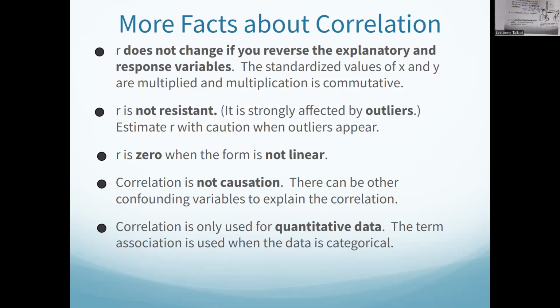But murders do not cause more ice cream sales. There is a confounding variable causing both of those things, and that's the temperature outside. As the temperature increases, murder increases, and as the temperature increases, ice cream sales increase. Just because those two things make a really pretty line in a scatter plot doesn't mean they cause each other. A lot of times there's something else.